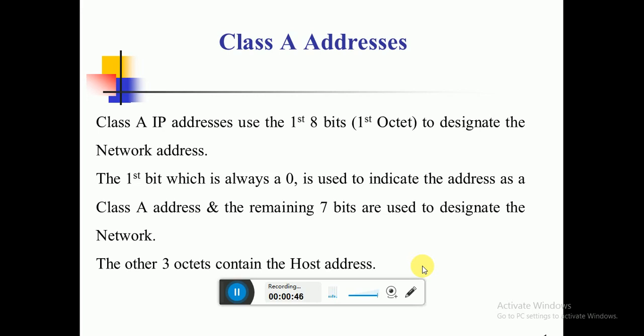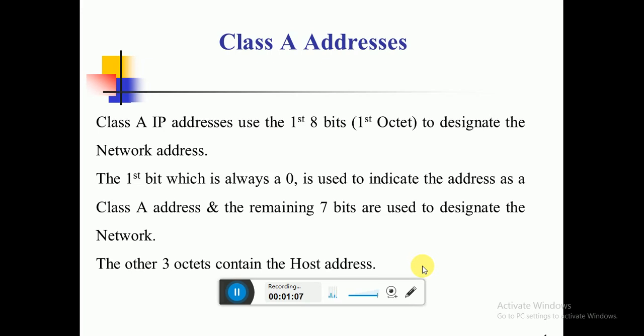Unicast communication means one-to-one communication, and class D is used for multicast communication. Multicast means one to a specific group, and class E is reserved for experimental use, as IANA is using in its name.